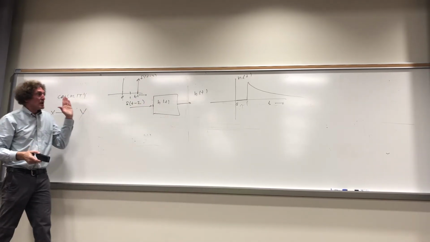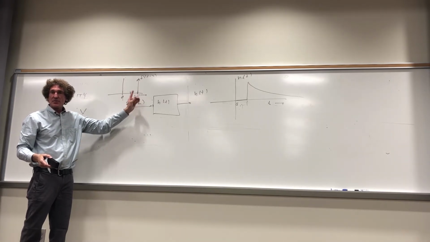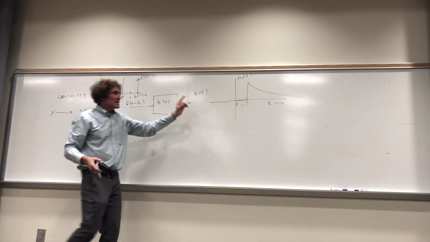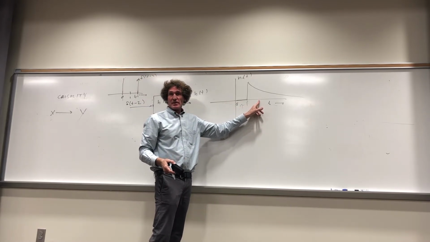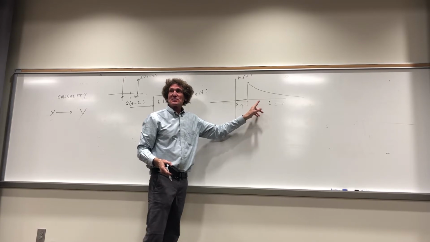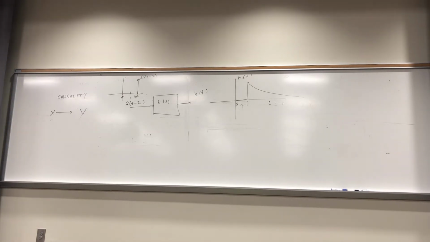Remember, that's my input. So there's no input at 1. Got me? No input until we hit 2. It's all 0. But this thing somehow anticipated that there would be an input. That's non-causal. That's not a system that is really possible in real-time processing.